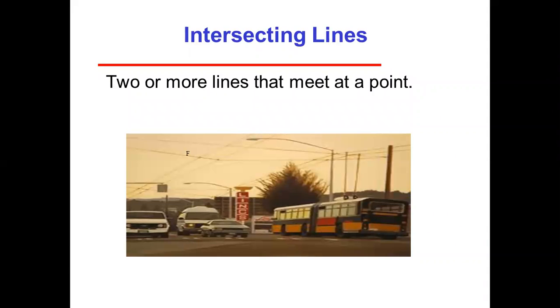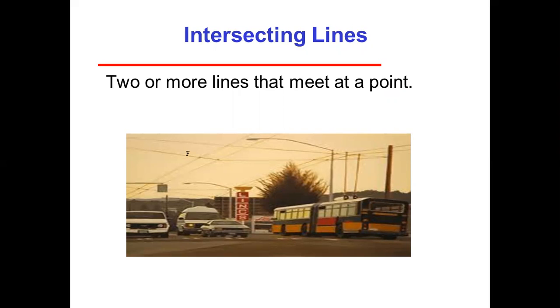Intersecting lines: if the lines are cutting each other, two or more lines that meet at a point. Here we can see that F is a point in the diagram where two or more lines are intersecting, or cutting, or crossing each other. Whenever lines cross each other, they cut at one point, and that point is called the intersecting point.